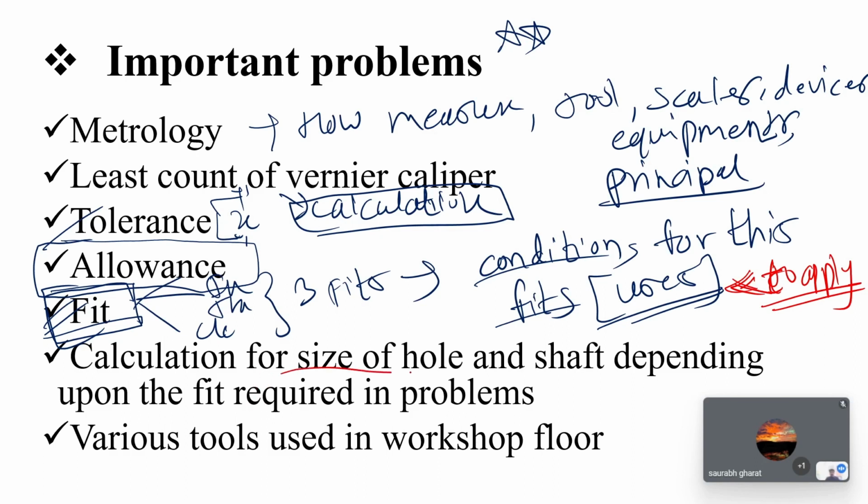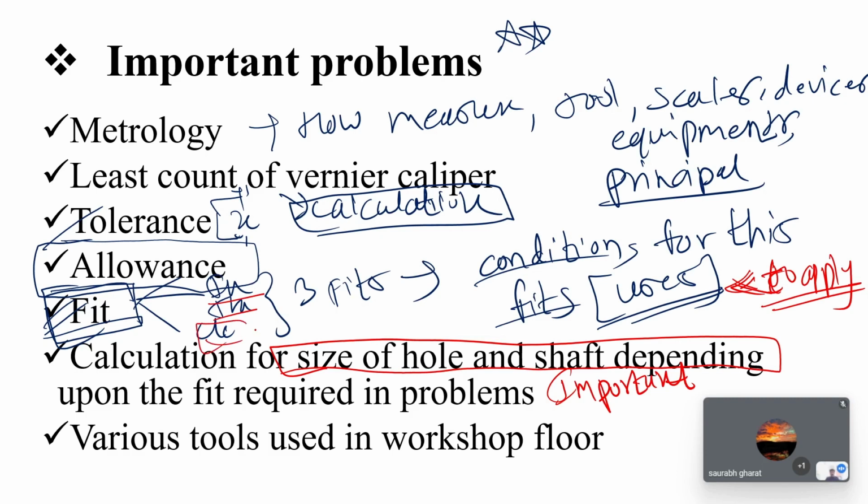Calculation of the size of hole and shaft is again important, depending upon the fit requirement: clearance, interference, or transient. Mostly we go for clearance fit, but interference can also be asked.